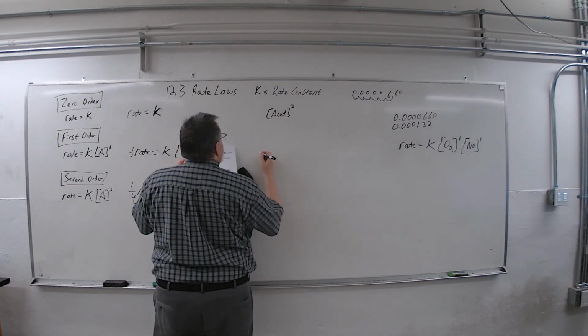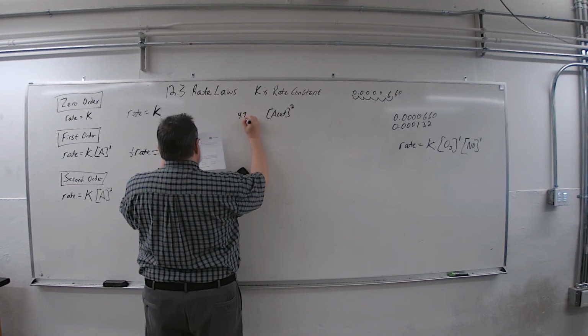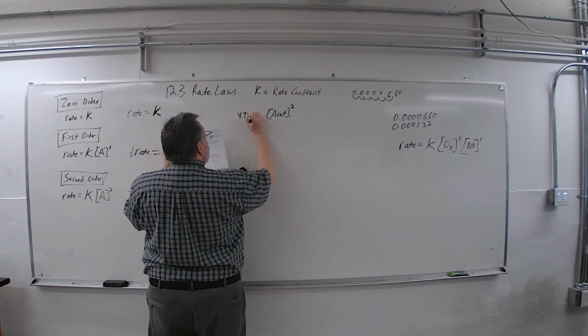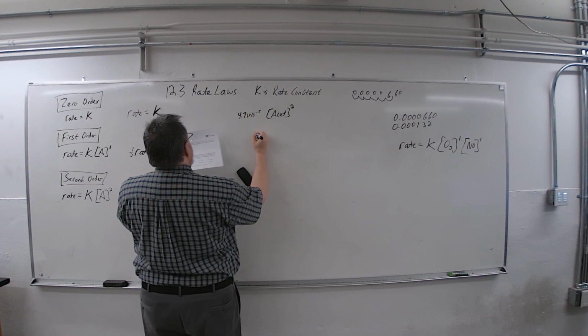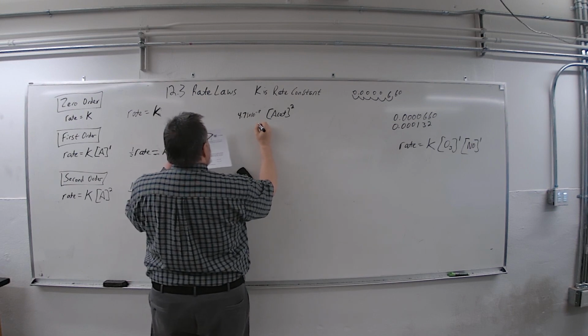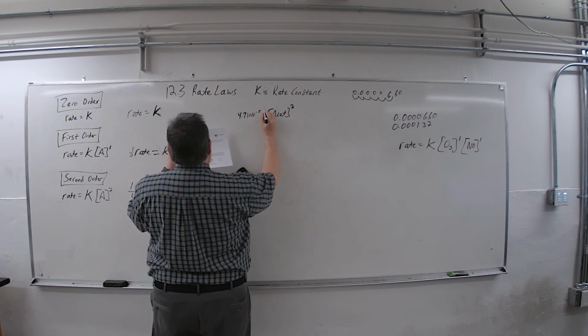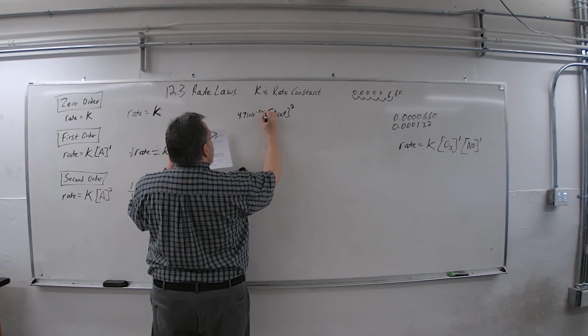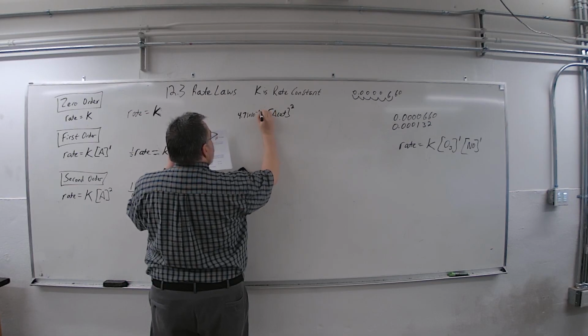With a rate constant of 4.71 times 10 to the negative 8 moles per liter per second.